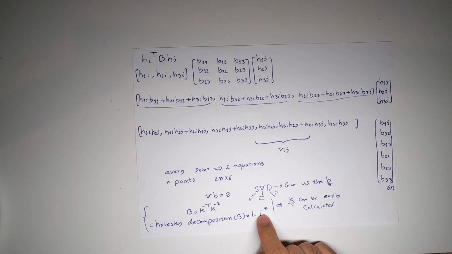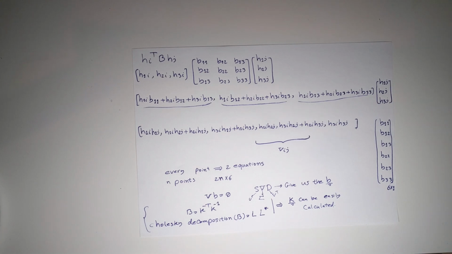I have one matrix multiplied by its transpose. So I can safely say L is K inverse transpose. L is upper triangular and L star is lower, or could be flipped, which is exactly the K that we're looking for.